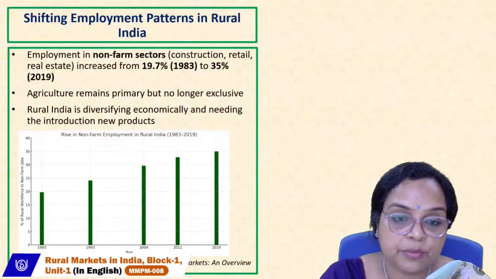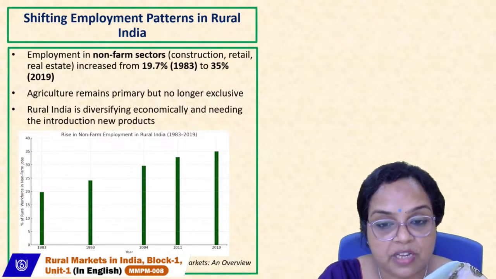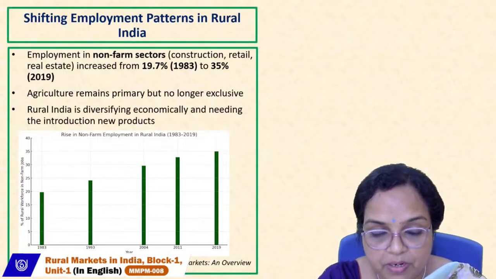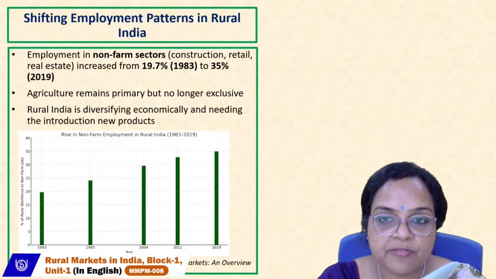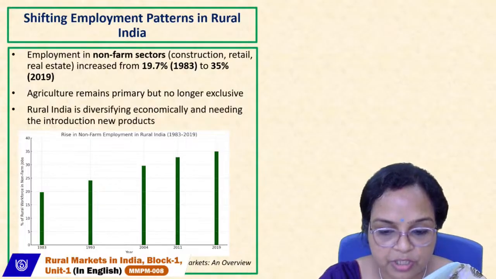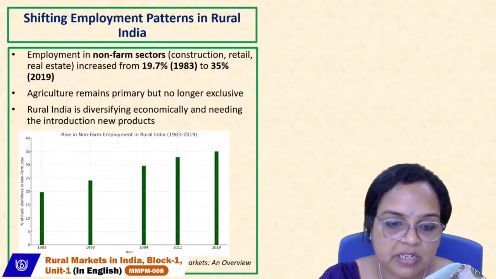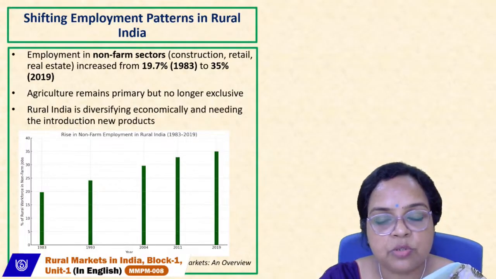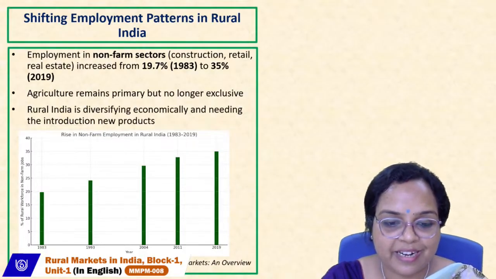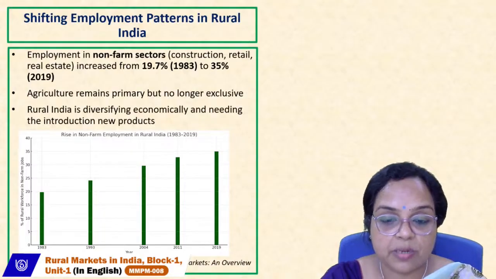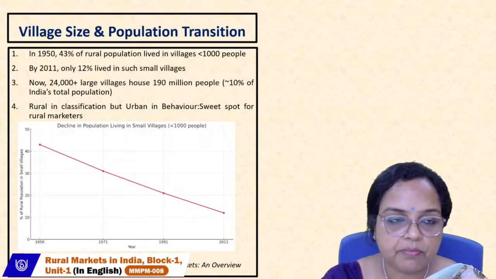Marketers can introduce new products as per their income slabs. Previously marketers used to wait for the time of harvest to introduce their product, but this data shows that because non-farm jobs are increasing, marketers can introduce their product as per the requirement of rural consumers.